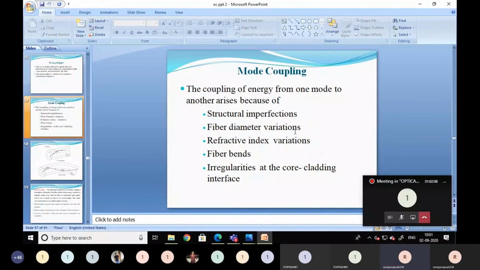Why modes are not propagating in a regular, perfect manner: one is structural imperfection, the structure of the fiber is not proper. Next is variations in the diameter of the core. Next is refractive index variations. Next is fiber bends and irregularities at the interface of core and cladding. All these points you have to write.